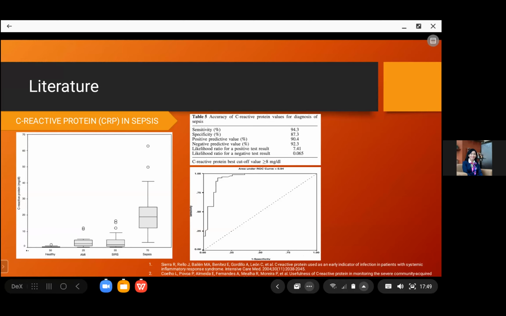The CRP concentration was higher in the sepsis group, 18.9, than in the non-infectious SIRS group, which was 1.7 milligram per deciliter. The best cutoff value for CRP for predicting sepsis in the first 24 hours of SIRS was 8 milligram per deciliter, with a sensitivity of 94.3% and specificity of 87.3%.